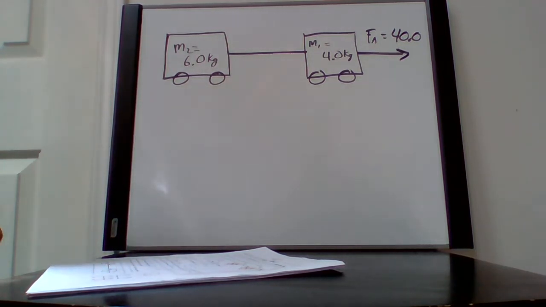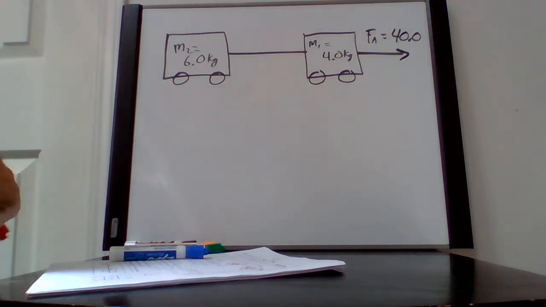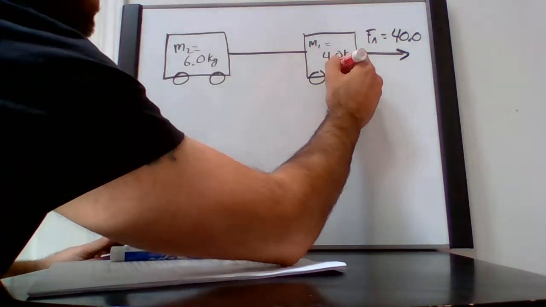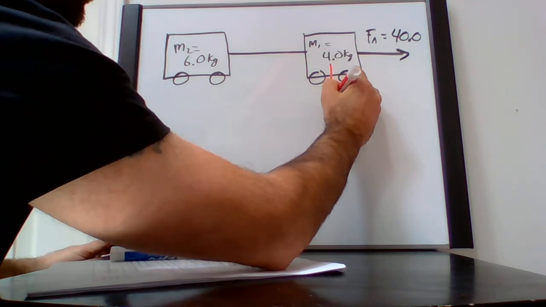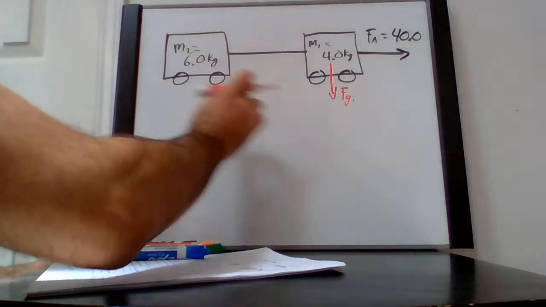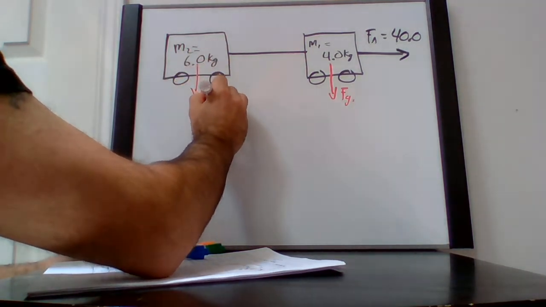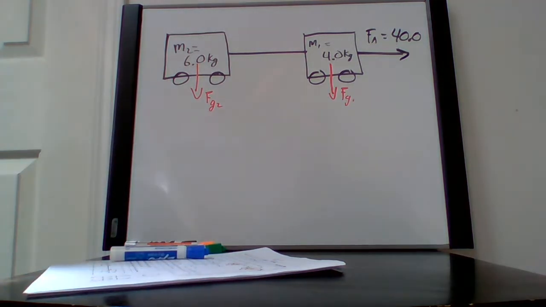One thing we want to consider as we do this is to draw in all of our different forces that are on here. So we can do this as a connected free body diagram. On this mass, we're going to call this FG1. At mass 1, we're going to have that force of gravity pulling it down. We also have this FG2 over here. Mass 2 has gravity pulling it down.